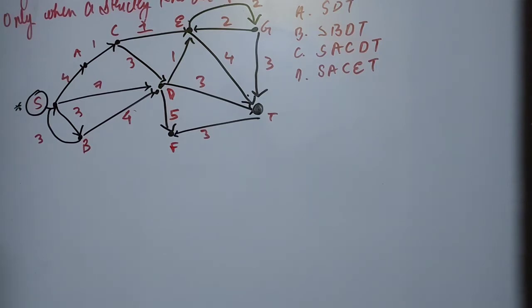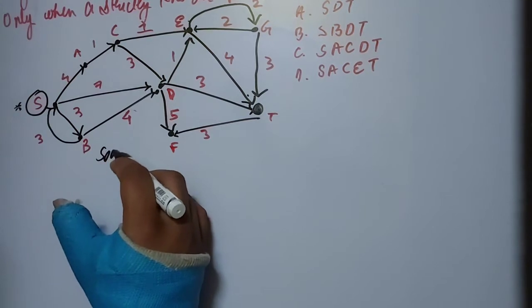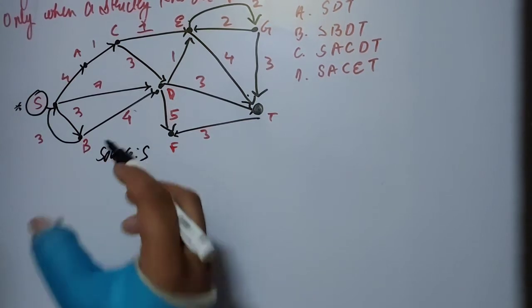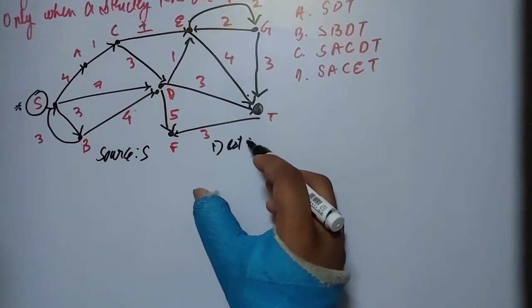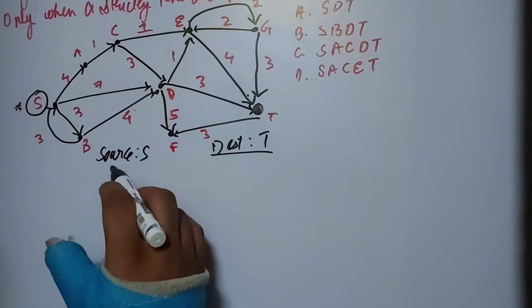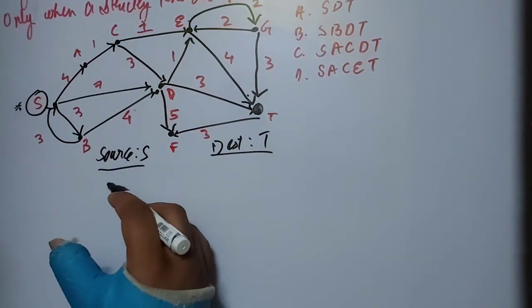In Dijkstra's algorithm, we make a table and compute the shortest path, and if there does not exist a path from a vertex X to vertex Y, then we put infinity at that portion of the table. So let's start with the question. So the source vertex is S and destination is T. So first let me write the vertices in columns.